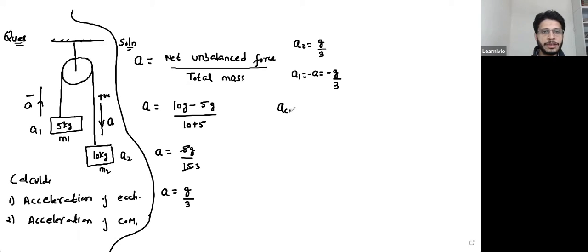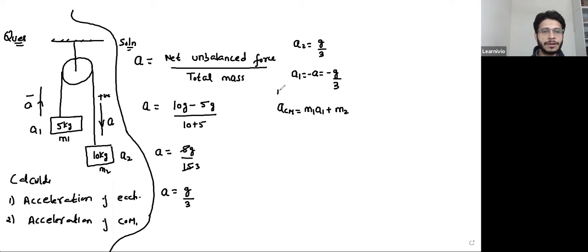You can calculate the acceleration of center of mass as m1a1 plus m2a2 divided by M, where M is nothing but m1 plus m2. That formula you will use to calculate the acceleration of center of mass.